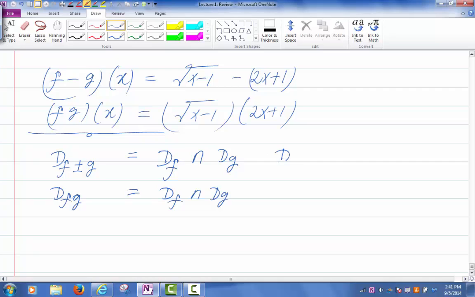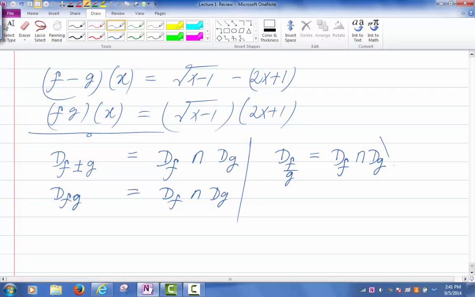However, there is a little bit of a problem with the domain of f divided by g, right? What would be the domain of f divided by g? Of course, in order to calculate f divided by g, you need x to be in the domain of both, so you still have to have that x belongs to the intersection of the two domains. But then, what else do I have to do? I have to exclude the values of x where g vanishes, right?